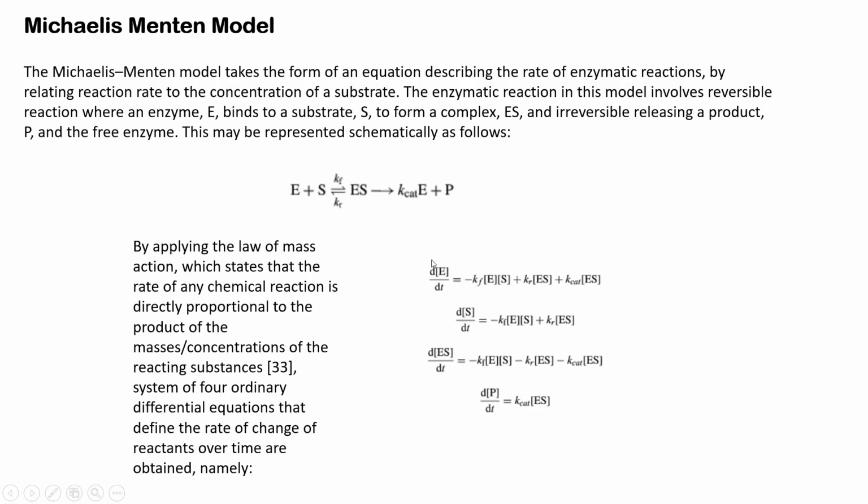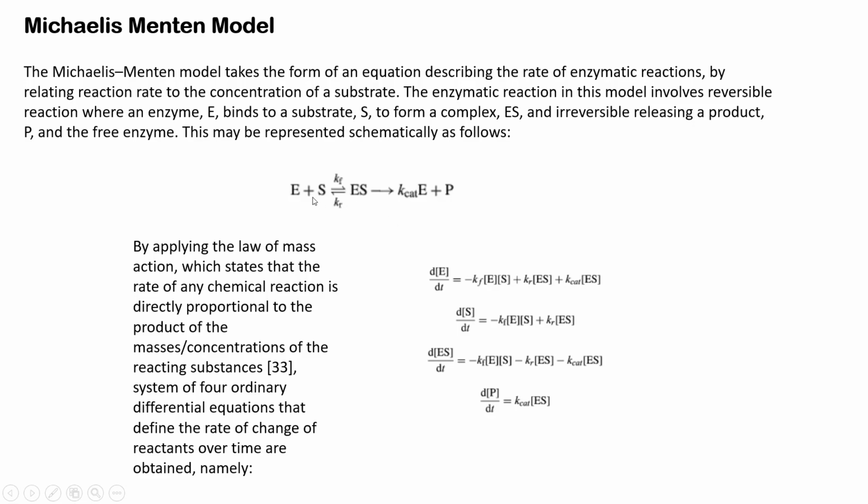So you can model each of these elements differently, as a differential equation. Your dE/dt will be minus kf into E into S, basically how E is getting degraded with the forward reaction, and also how E is getting reformed with the backward reaction, so plus k reversible of ES.